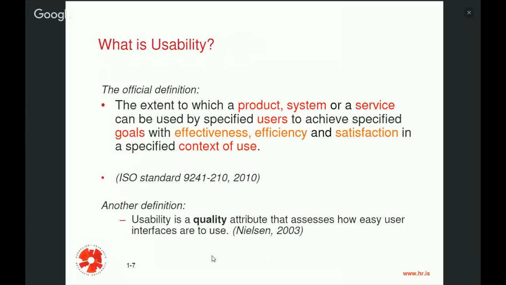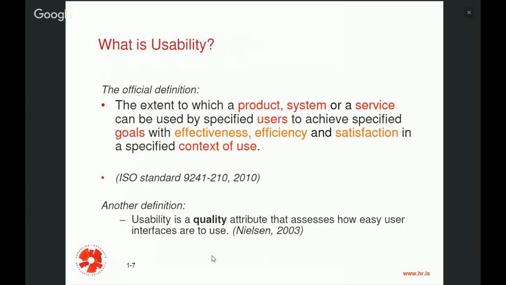Specified users are the users you have been analyzing by making the user groups, making a persona, then you're specifying the users, and they achieve specified goals. You've also been thinking about the goals. These are the parameters we are looking at when we talk about usability.